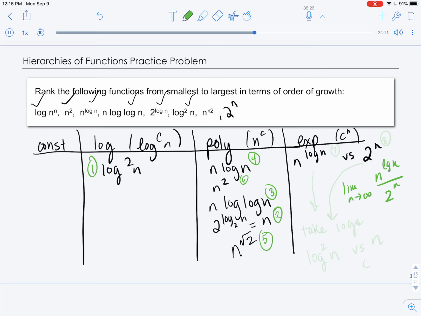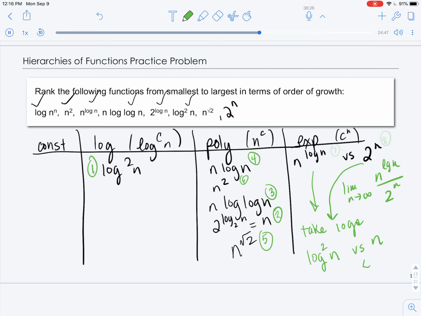So for this, we can remember that we can take a continuous function such as the log and bring it into the limit. So in order to compare this, we can take the logs of each. So here we are going to take the logs. And when we do that, we get log squared n versus n. And we see that n is going to be growing greater than log squared n.